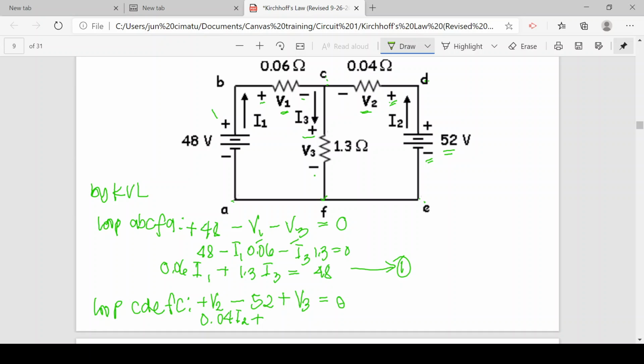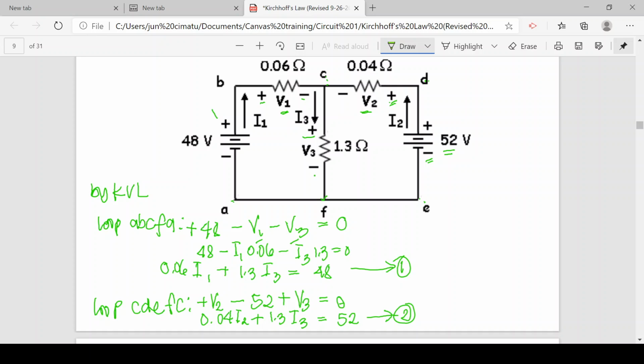The B sub 3 is 1.3. Current is I sub 3. And transfer the 52 volts at the right side, we have equation 2. We have three unknowns, I sub 1, I sub 2, and I sub 3. And we need one more equation to determine the unknowns.